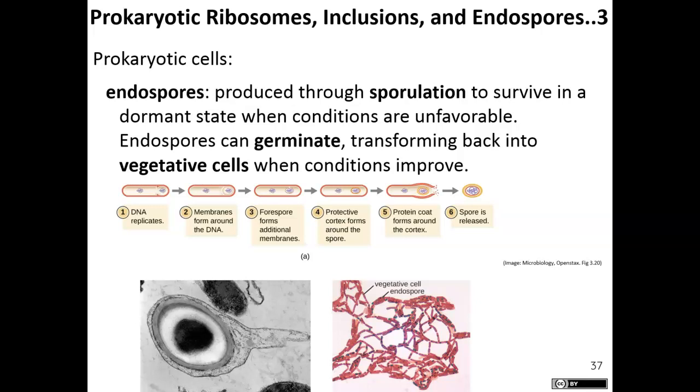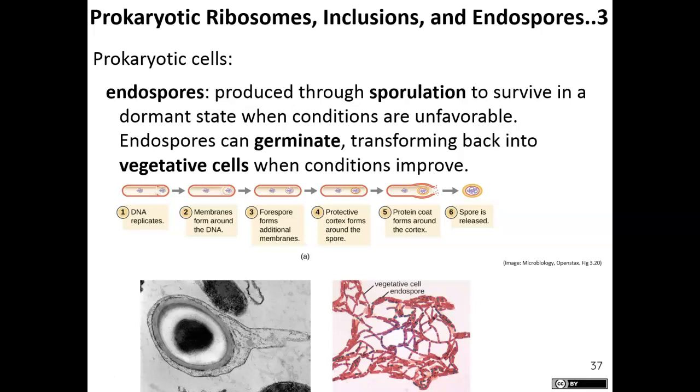So certain types of cells can produce endospores if conditions are not favorable for growth. And when this happens, they can, I won't say live, they can stay in the environment until the environment becomes favorable.